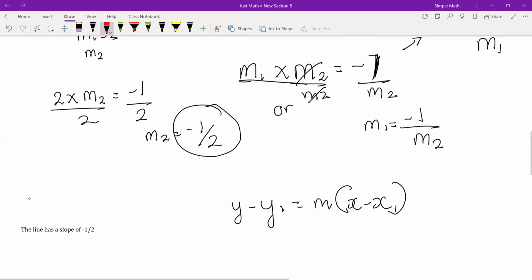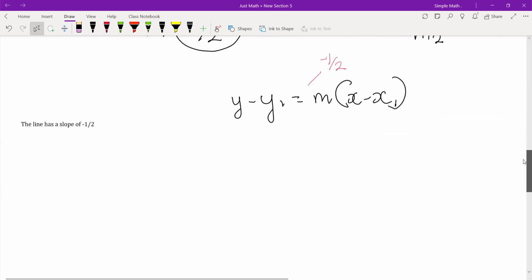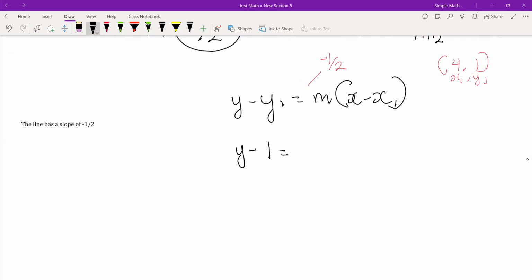We've gotten our slope, which is -half. And then for our point, if we look at the question, passing through (4, 1), our x1 is 4. So (4, 1) will be our (x1, y1). So this would be y minus 1 equals negative half bracket x minus 4.